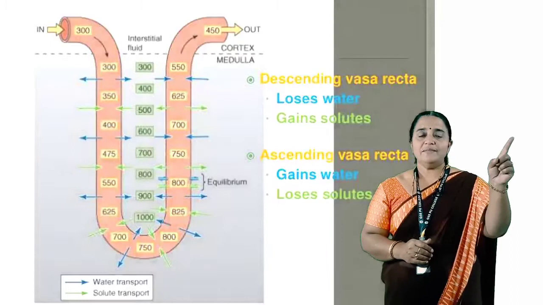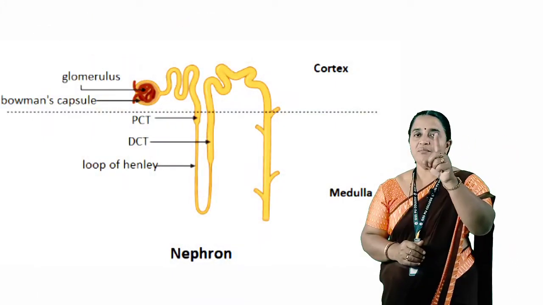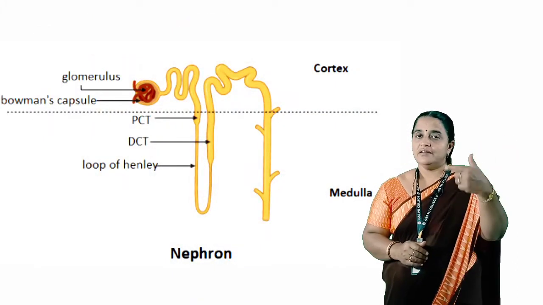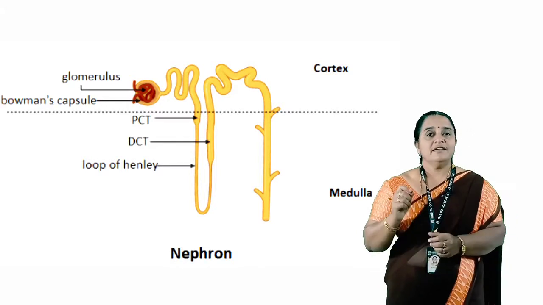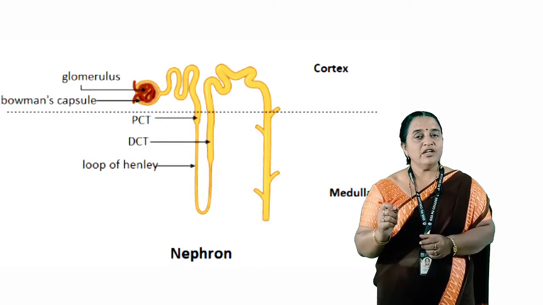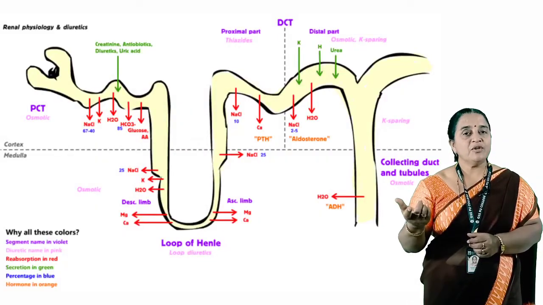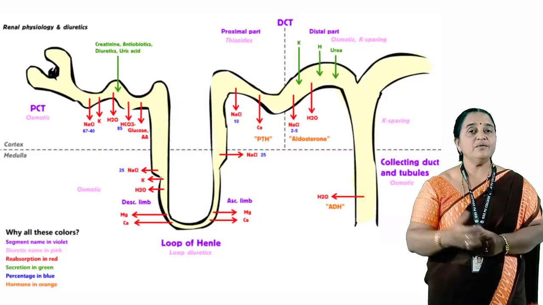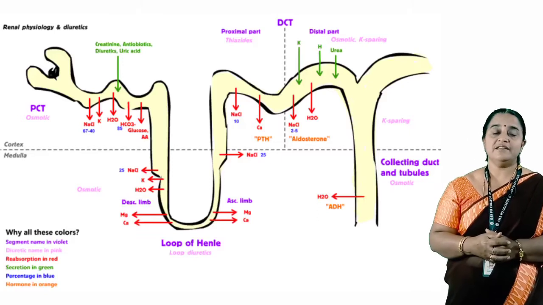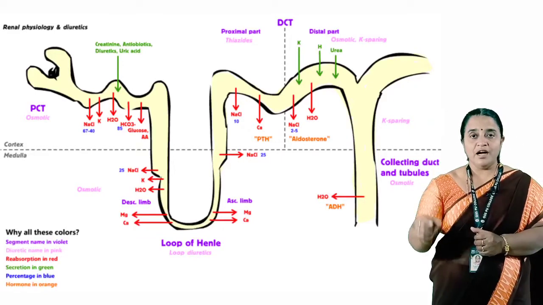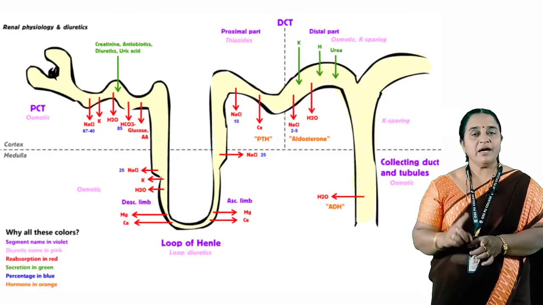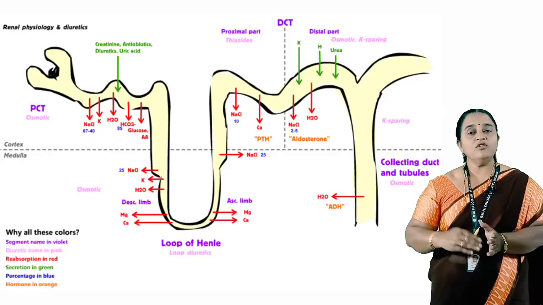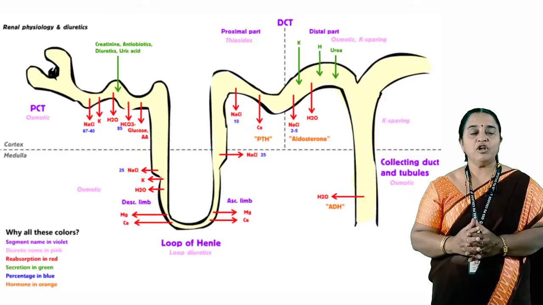Now, as the filtrate starts moving through the PCT, it helps in selective reabsorption of nutrients and electrolytes like sodium chloride and bicarbonate ions. At the same time, it receives H+ and NH3. When it starts coming down, it loses H2O along with bicarbonate ions, and it also receives some ammonia molecules.